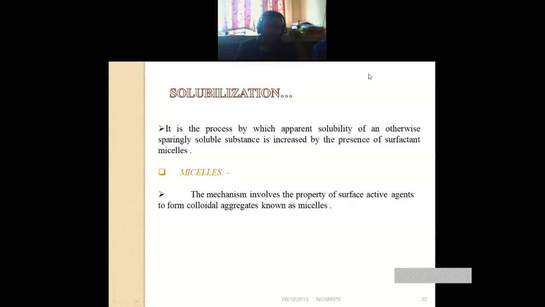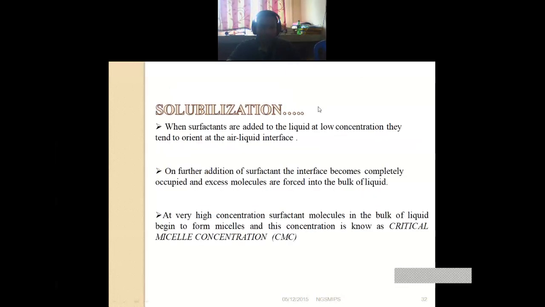The mechanism involved is the property of surface active agents to form colloidal aggregates. Surface active agents converted into colloidal aggregates are known as micelles. When surfactants are added into the liquid at low concentration, they tend to orient at the air-liquid interface.